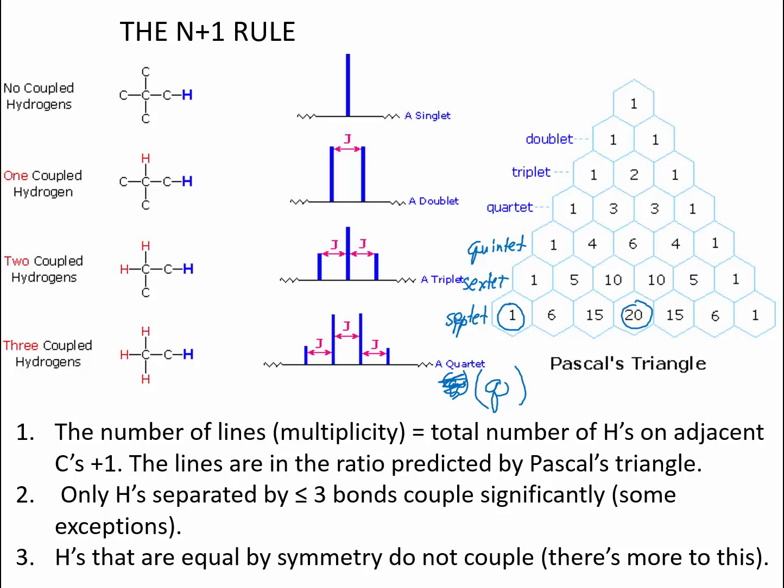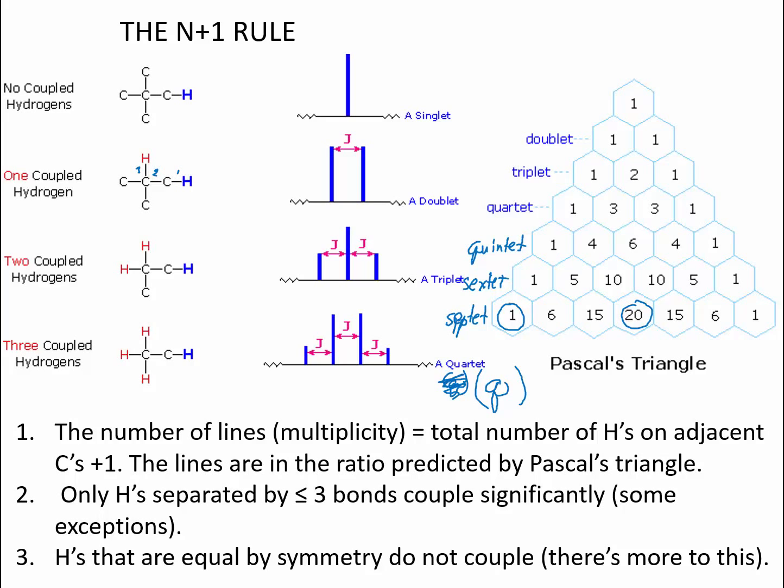So when you look at the spectrum, these are the predictive rules that you should be looking for. Notice the number of bonds that are separating these from the coupling partners is always 3. There's 1, 2, 3 bonds that separate this hydrogen from that hydrogen.